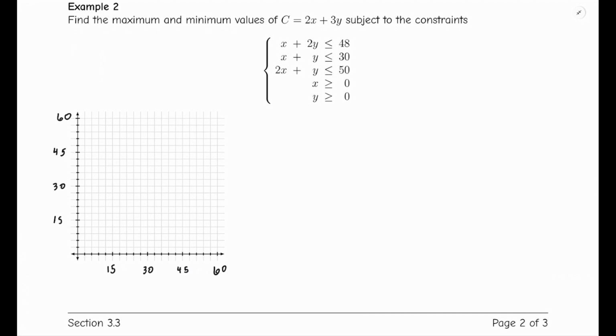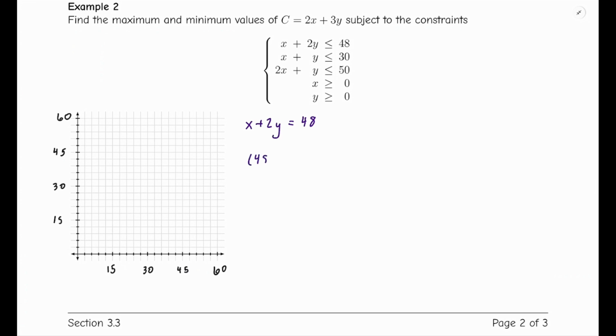We need to find the feasible region first, which is equivalent to just graphing the constraints. So I'm going to find my boundary lines first. And instead of solving for y, I'm going to use the cover-up method to find my x and y intercepts. So if I cover up y, I get x equals 48.